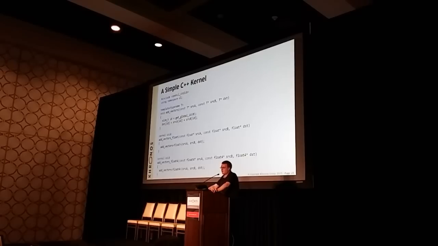So a simple OpenCL C++ kernel might look something like this, and this is just really what you'd expect. You can template things, you can pass pointers around that are templated. So in this case we're calling the same function templated on two different types, so that it can be compiled efficiently for both forms.